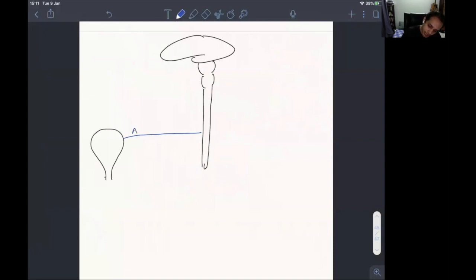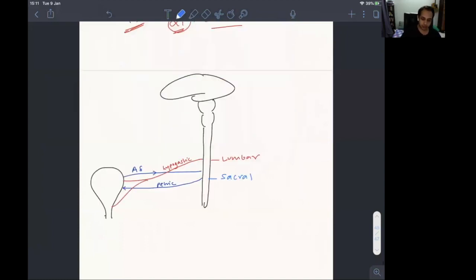We know that A delta carries a sensation to the spine, and we know that the parasympathetic system carries via the pelvic nerve back, and we also have the sympathetic system via the hypogastric. And this is lumbar area, and this is sacral area. Okay, so this much we know.